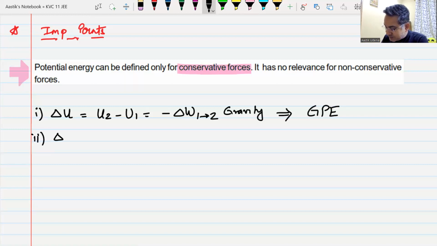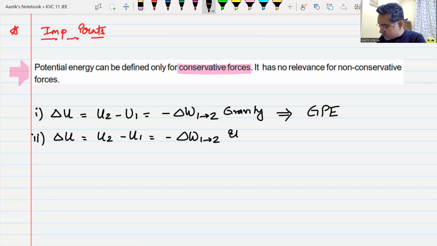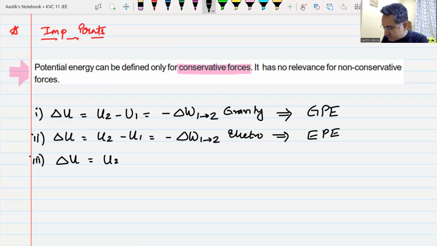The second type of potential energy that we will encounter, again, change in this potential energy will be negative of work done from 1 to 2. Now here gravity is not there, electrostatic force is there. So this will be known as EPE, electrostatic potential energy. The third type of potential energy that we'll encounter, again the same definition, same everything.